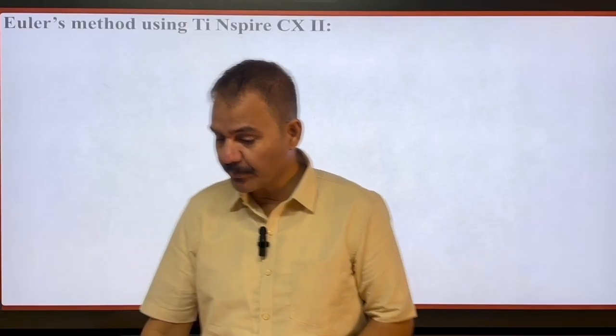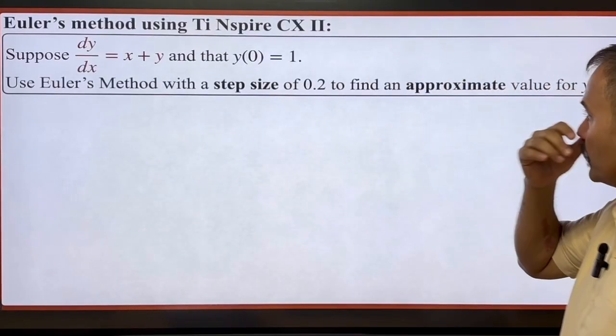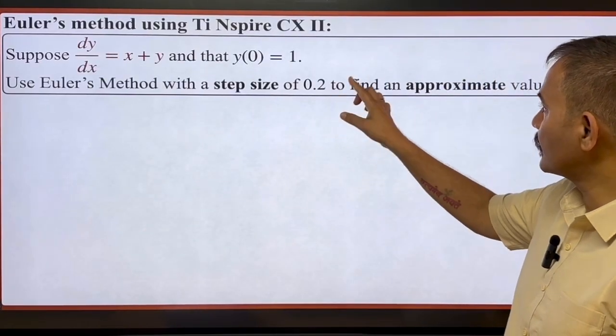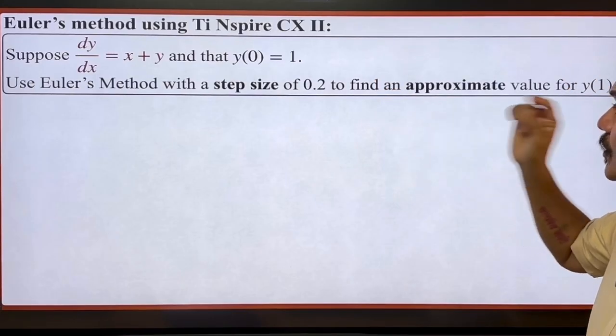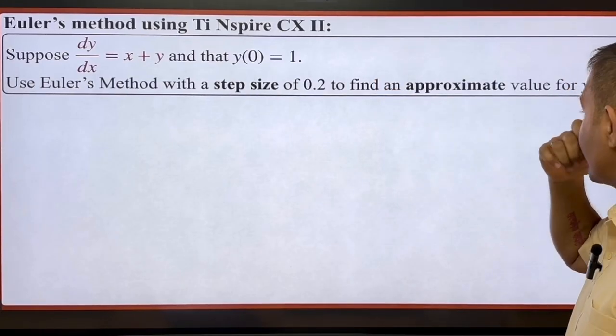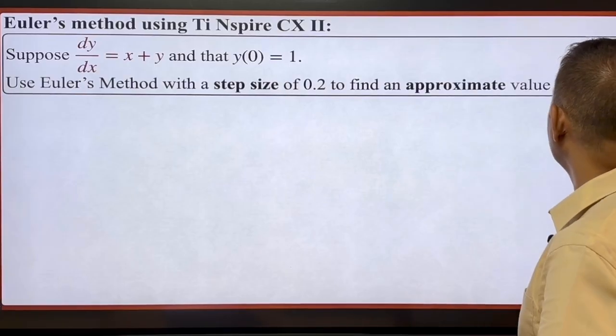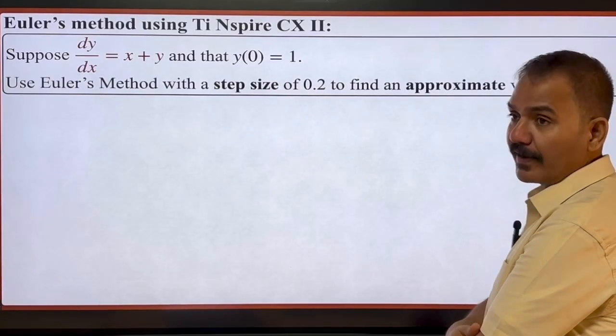Now, let's explore how we use the Nspire graphing calculator to work out Euler's method. So we'll do the same question. Suppose dy by dx is x plus y, and y(0) is 1. Use Euler's method with a step size of 0.2 to find an approximate value for y(1).